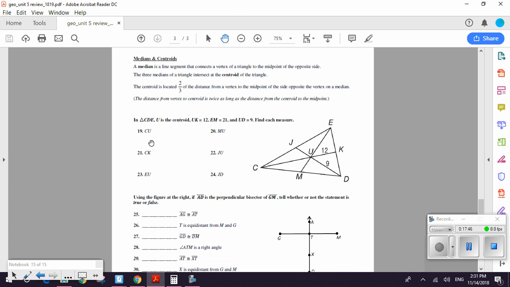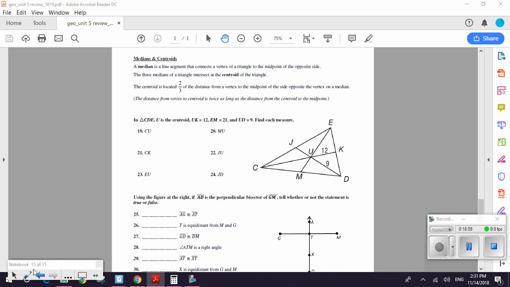Alrighty. So we also learned about medians and centroids. We know the median, again, is from the vertex to the midpoint of the other side. Every triangle has 3 medians because you have 3 vertices. When the 3 medians intersect, the point of intersection is called the centroid.